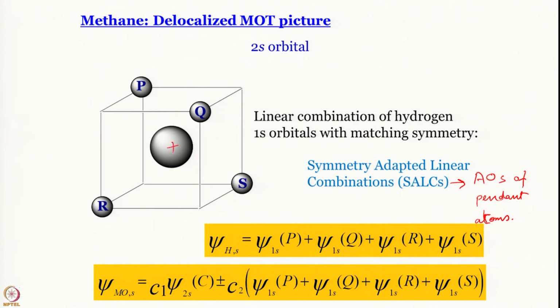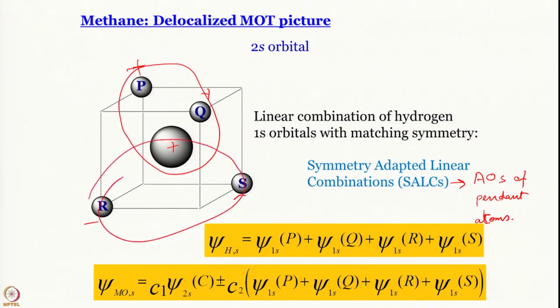Let us say I have plus here, plus here, minus here, minus here. Then for this part of the MO you are going to get bonding, for this part of the MO you are going to get anti-bonding. So, it is a non-bonding situation, or if one is plus and 3 are minus, the same thing will happen. So, I hope now you understand the meaning of symmetry matching.